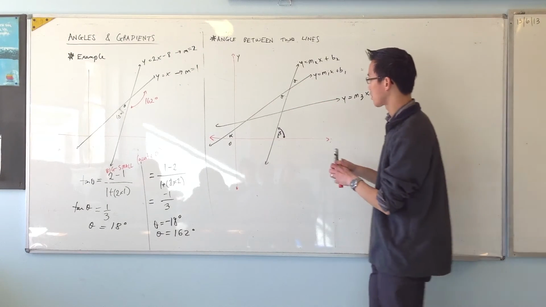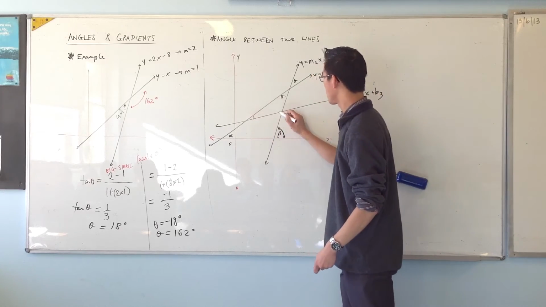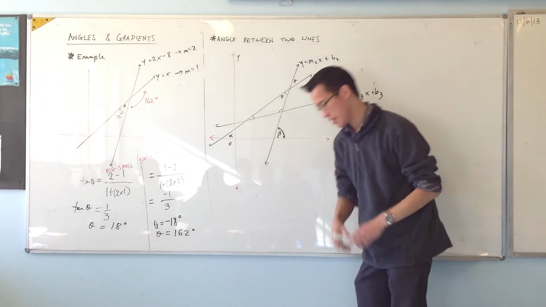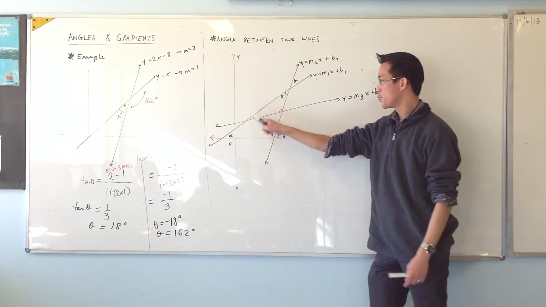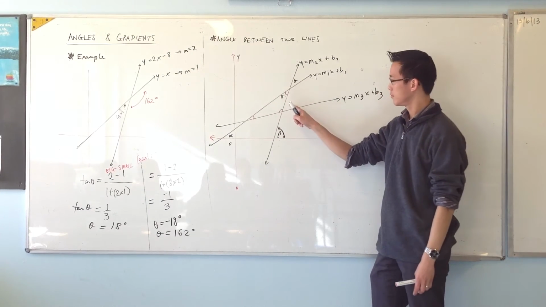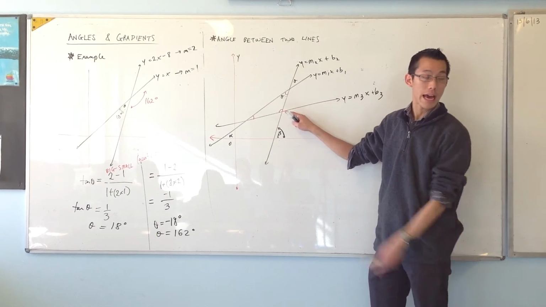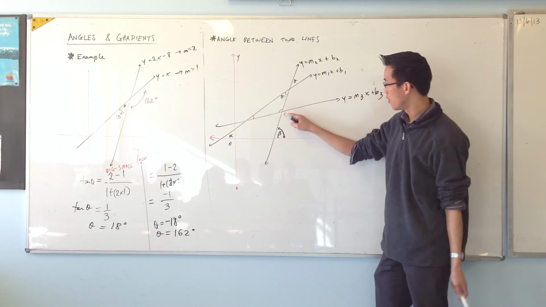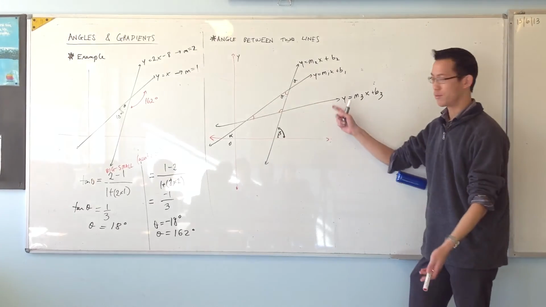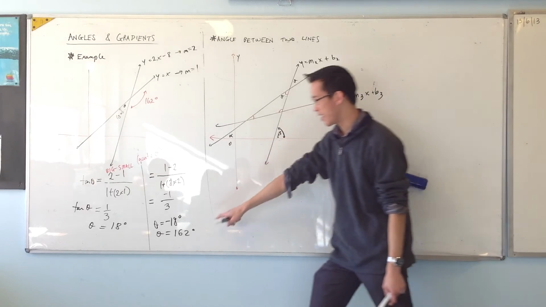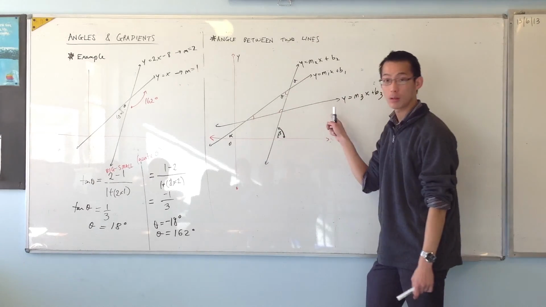So there are 1, 2, 3 angles. In this case, or in all cases, 2 of them will be acute. They might all be acute, but one might be obtuse, as it is in this case. So when you've drawn it out, you'll know which one you should add 180 to, because clearly it looks obtuse.